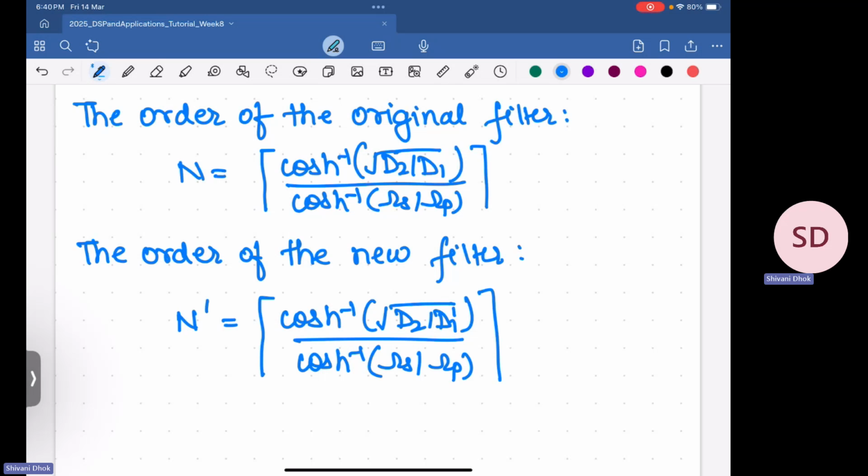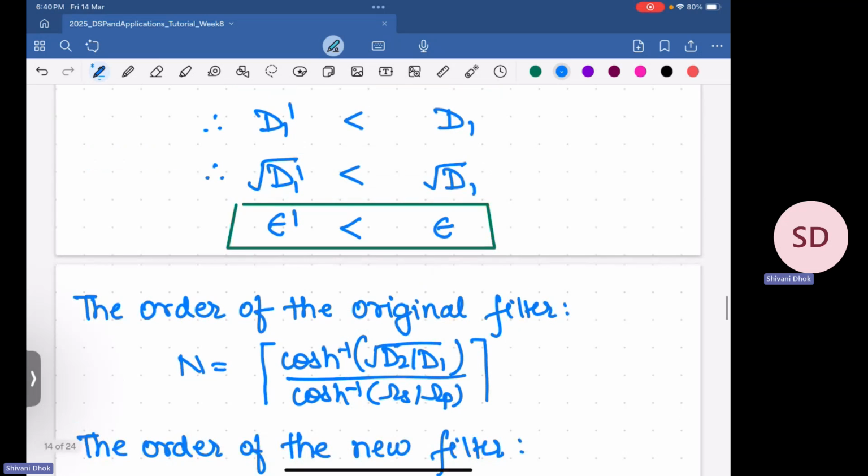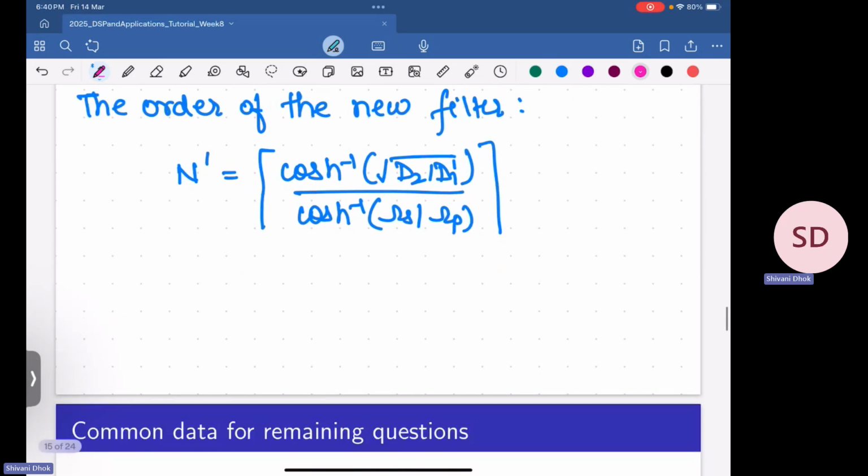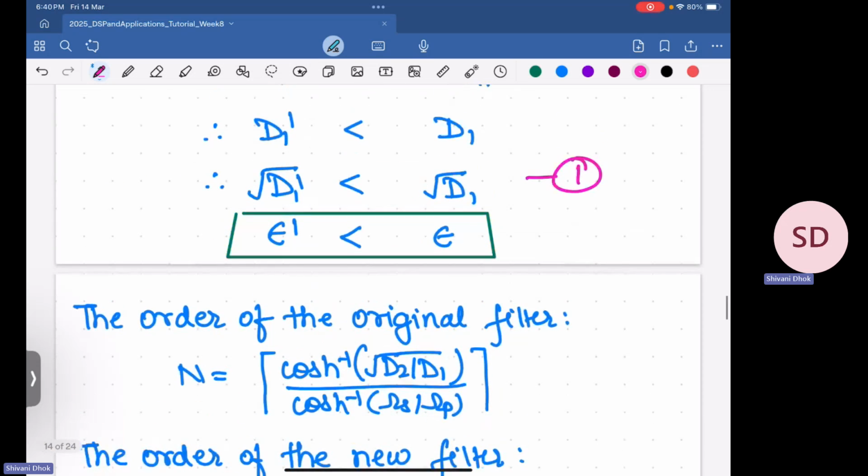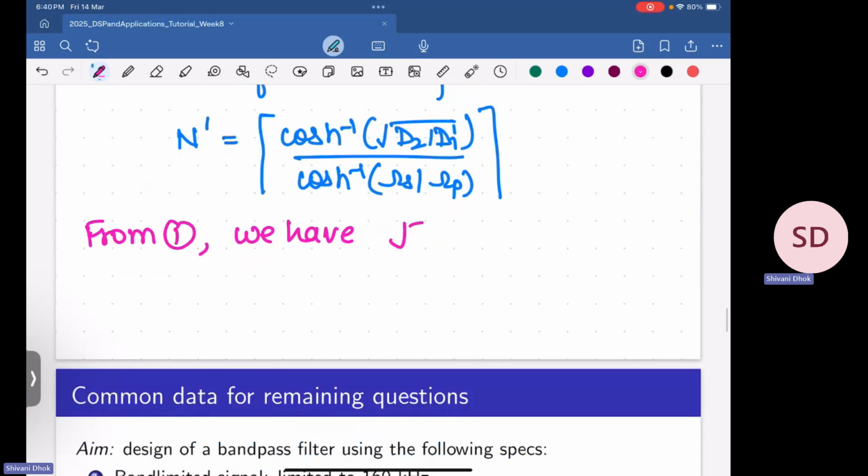Okay. So now what we have from this equation, what we have from 1, we have under root of d1 prime less than under root of d1.